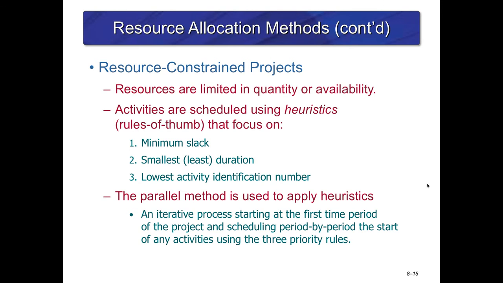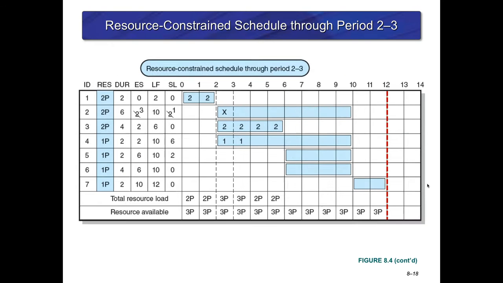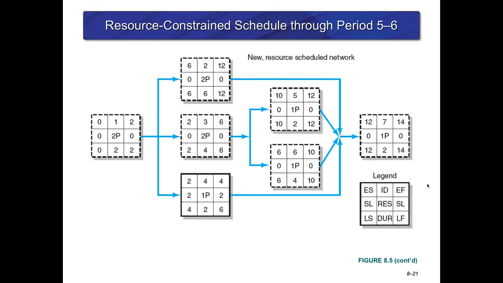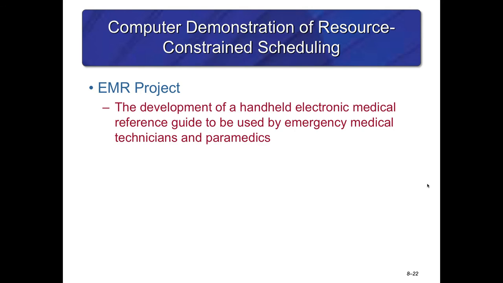If you only have a certain amount of resources, you'd rather have more smaller pieces of the project done rather than one big project. That way, all of those pieces are sitting there and they're ready to go. You have more of it done, therefore you're more likely to get it done on time. And the way you do that is what's called the parallel method, which you don't have to be responsible for.